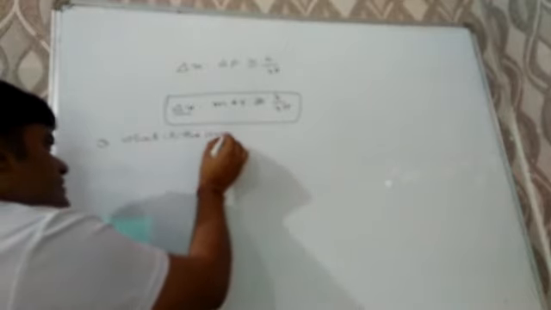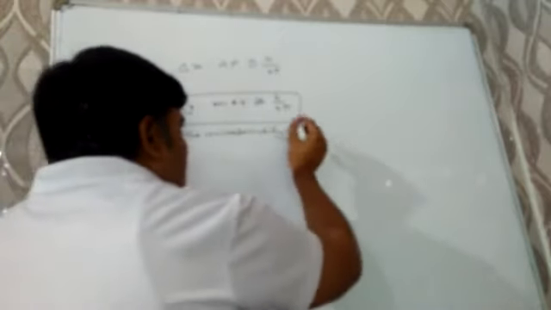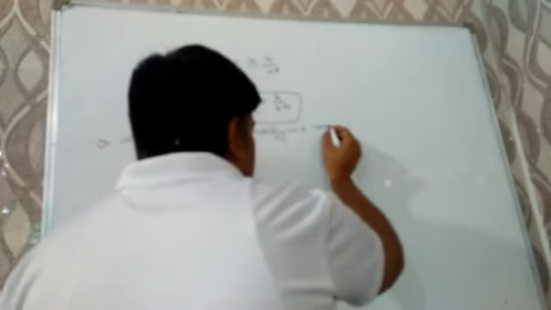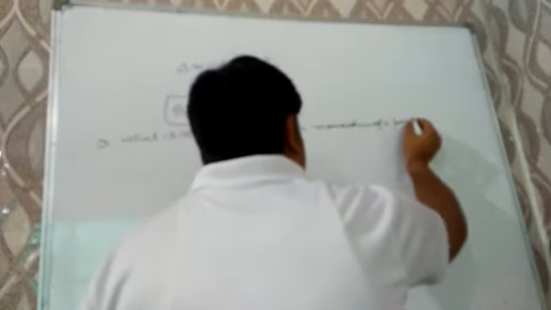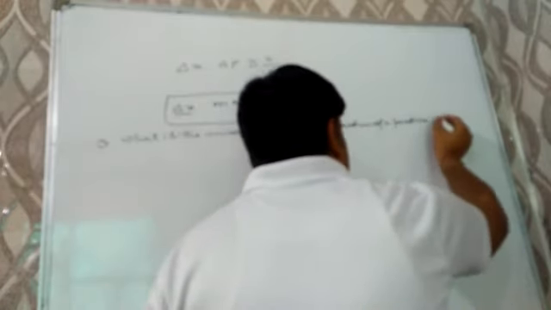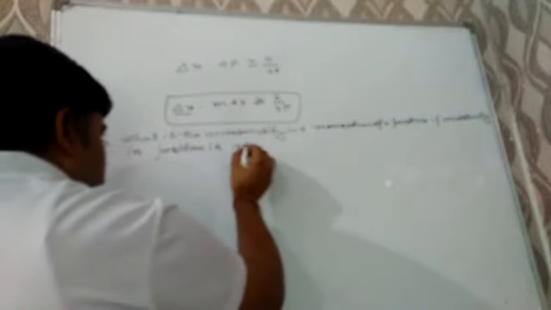First question: what is the uncertainty in momentum of a particle if uncertainty in position is 10 angstrom?